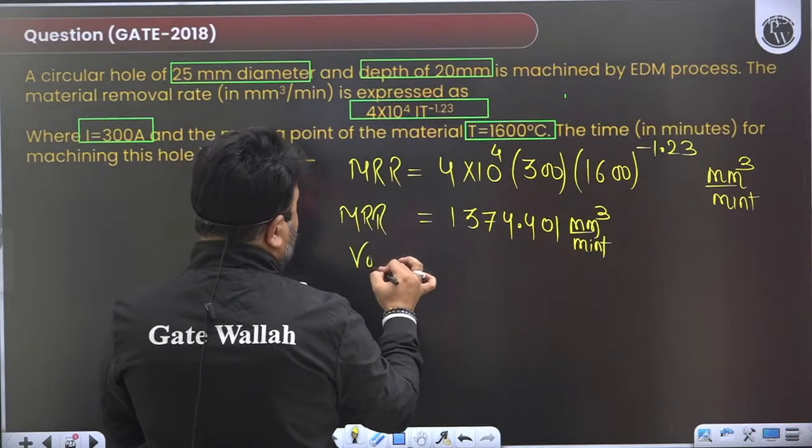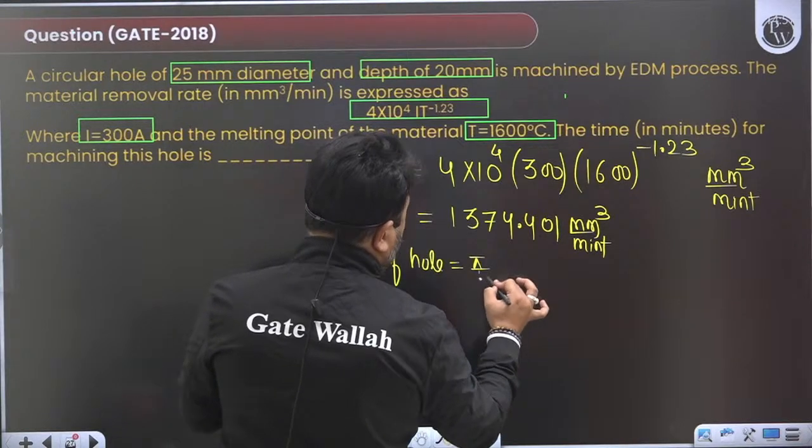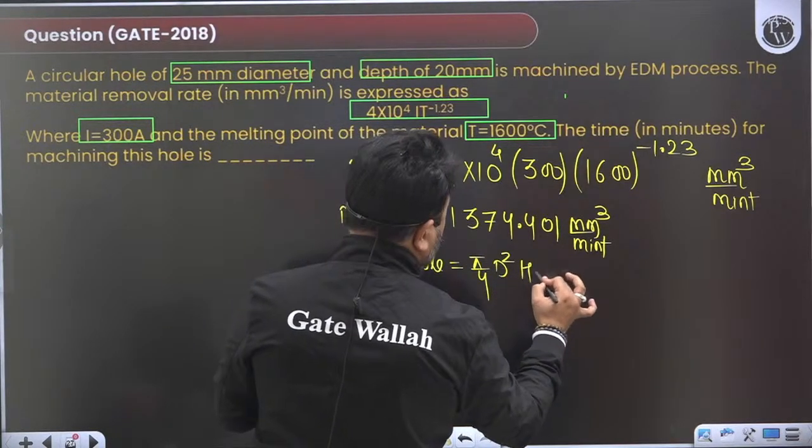So volume of hole is pi by 4 d square into h.